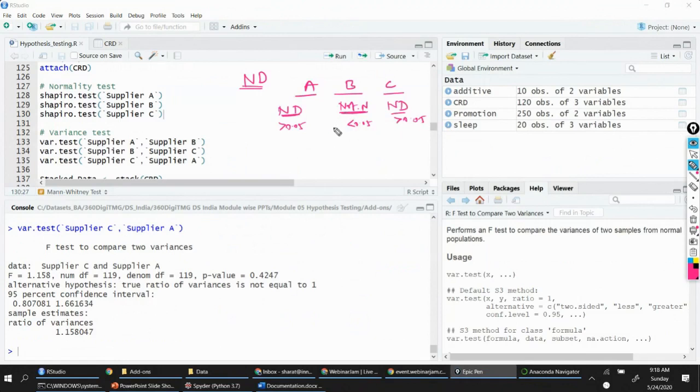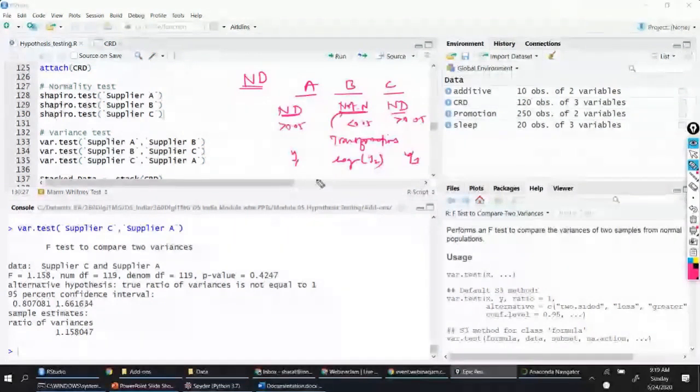So for non-normal data, to make them normal, first we apply transformations. Now let's say by doing a log transformation it becomes normal. Remember, we are comparing the average transaction time.